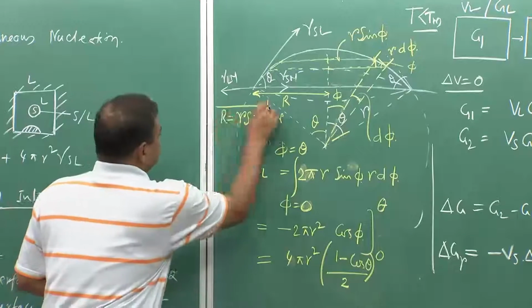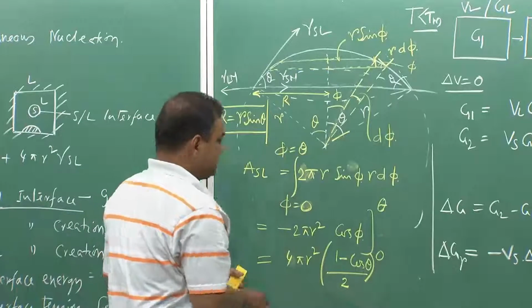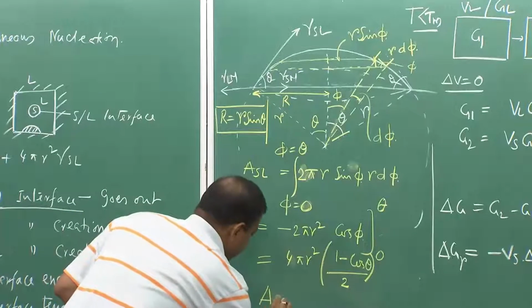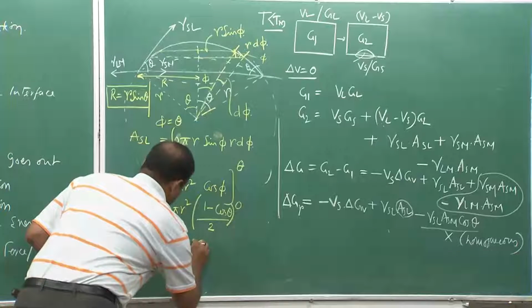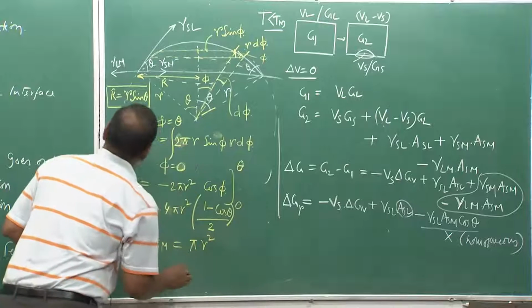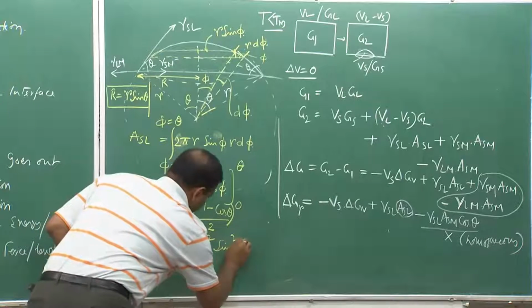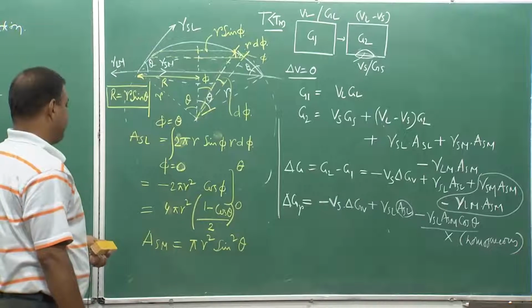So this is my radius. Now the area would be simply that area, that means A S M would be pi r square sin square theta.